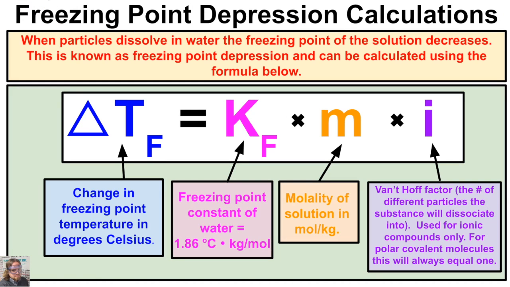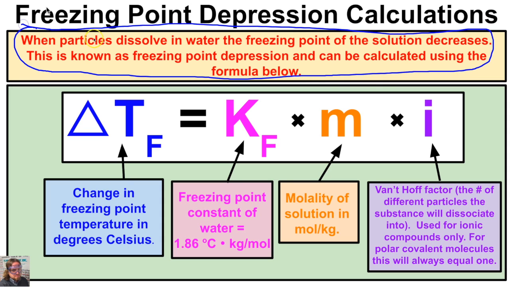And so it says right here that when particles dissolve in water, the freezing point of the solution decreases. And this is known as the freezing point depression and can be calculated using the formula below. The formula looks very similar to the one we just looked at for the boiling point elevation, and this is how we are going to calculate the freezing point depression of different solutions.